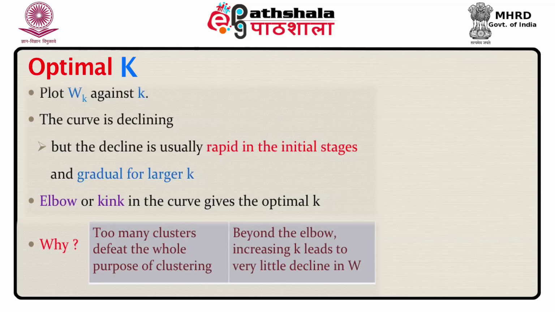Beyond the elbow, increasing the number of clusters does not much improve the within cluster variability. So we should stop when we find that we have very distinct clusters, and splitting them does not lead to any better result.